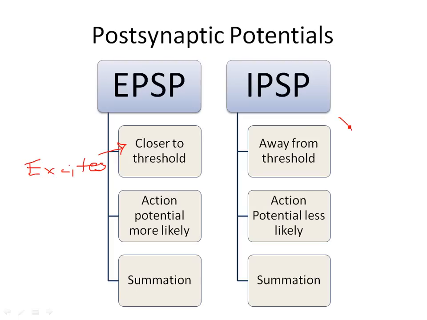If a neurotransmitter hyperpolarizes a membrane, then it is an inhibitory postsynaptic potential. An inhibitory postsynaptic potential brings the second neuron further away from threshold. It hyperpolarizes it by moving chloride or potassium. That means an action potential is less likely to occur, so we've blocked the second neuron. And again, the rules of summation apply.